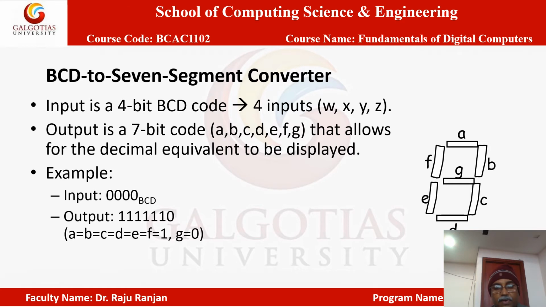So A, B, C, D, E, F are equal to 1, and the value of G is equal to 0. So we can represent the output as 1111110. So each bit represents each LED from A to G.